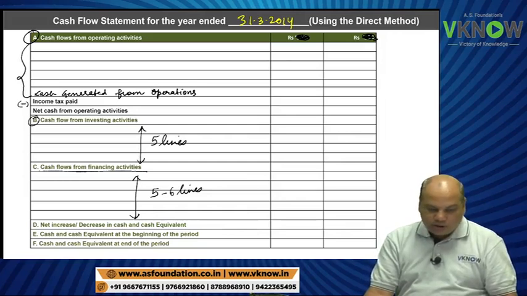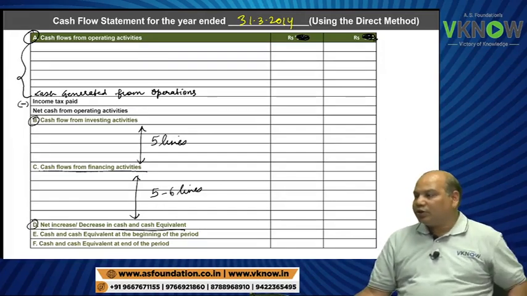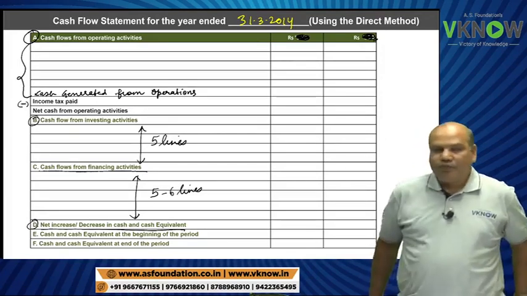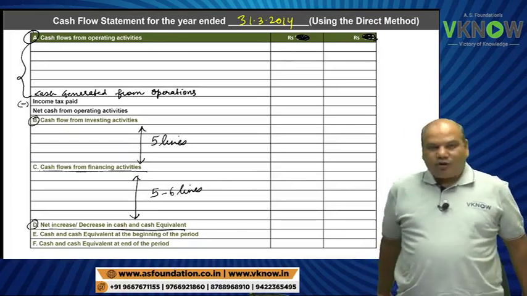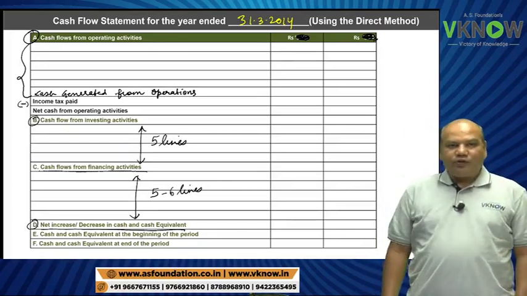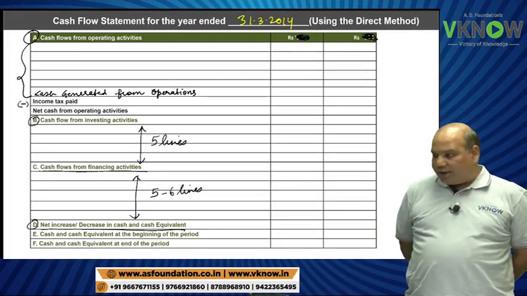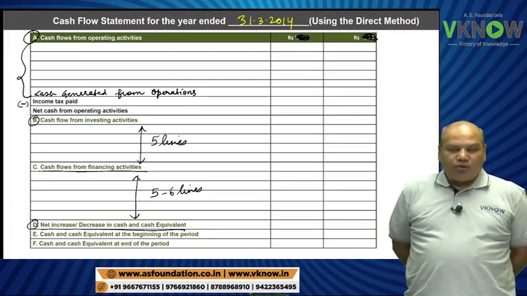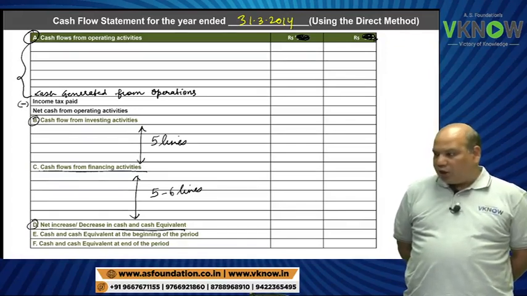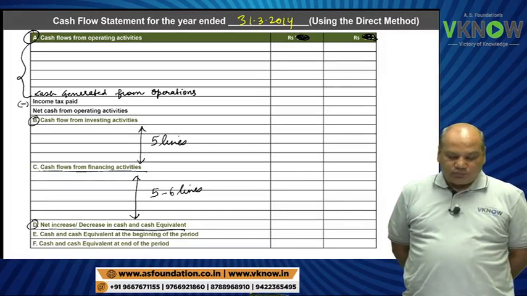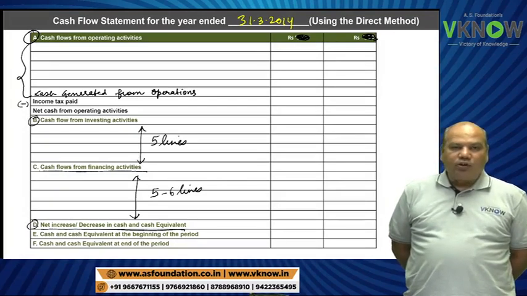Point number D, net increase or decrease in cash and cash equivalent. Point number E, cash and cash equivalent at the beginning of the period.